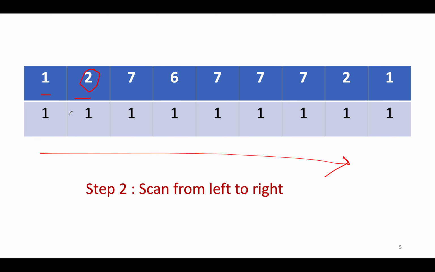The second rating is higher than the first, so we'll increase the candy count to 2. Again, the rating of this node is higher than the previous, so we'll update it to the previous node's candy plus 1. The previous node is 2, so you will update it to 3.